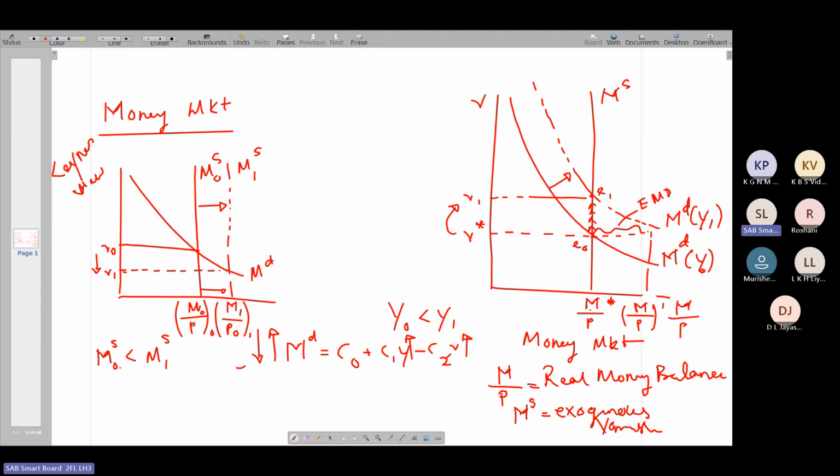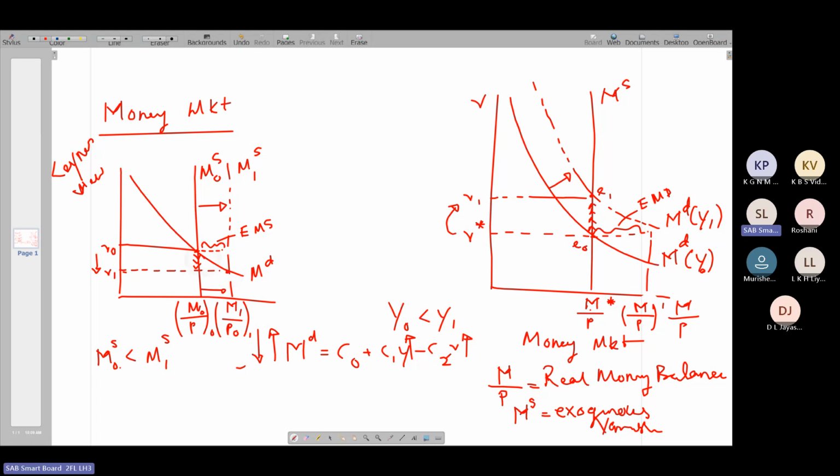At the prevailing interest rate, there is excess money supply. Since there is excess money supply, this rate cannot prevail at the R0 level. Interest rate decreases up to R1. The money market comes to equilibrium at this point.